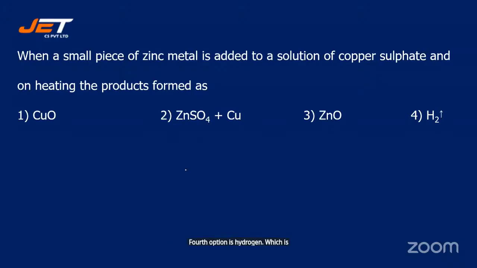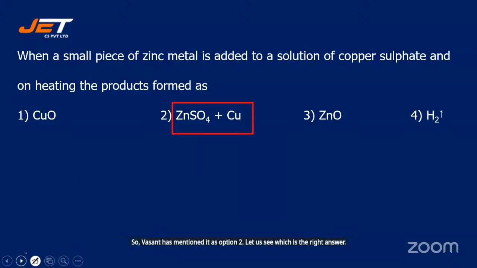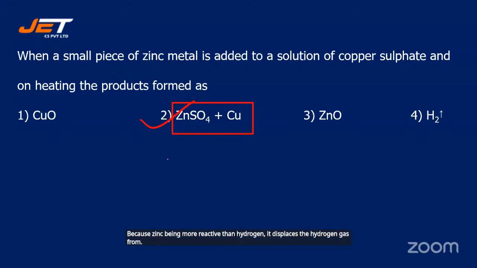Which is the right option? Vasant has mentioned option 2. Let us see which is the right answer. Yes, zinc sulfate and copper are the products which are formed, because zinc being more reactive than hydrogen, it displaces the hydrogen gas from sulfuric acid.